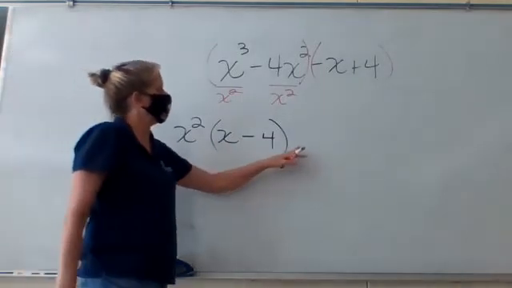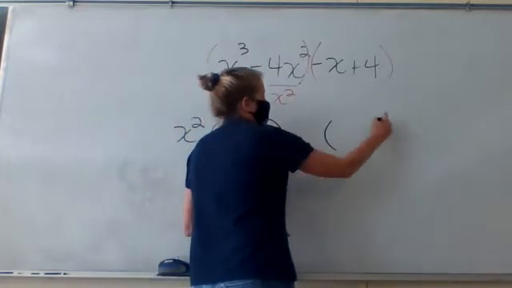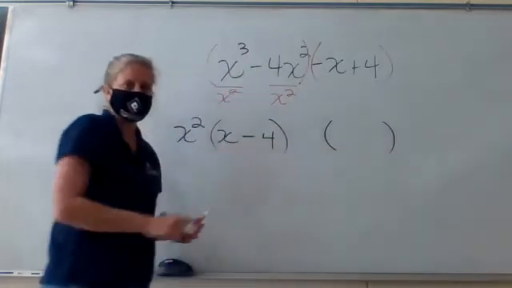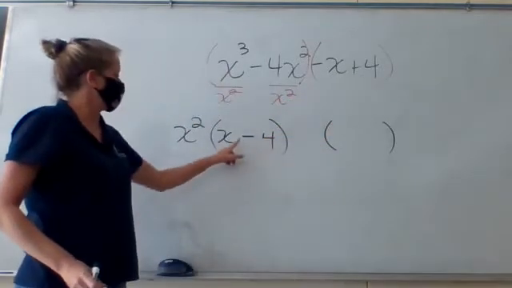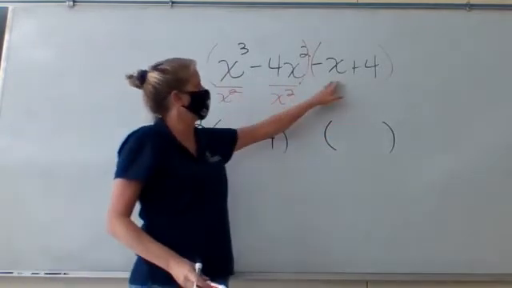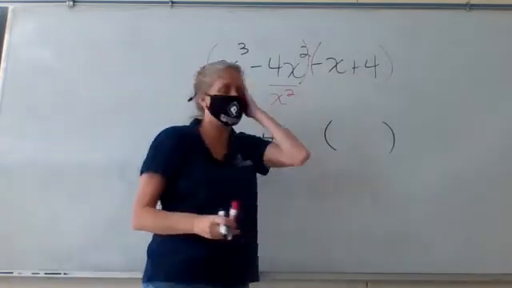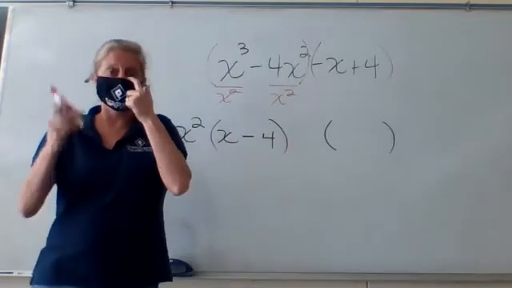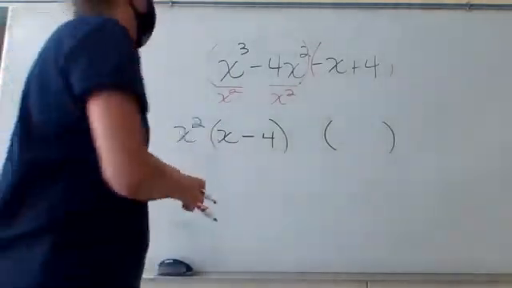Now, remember when we're factoring by grouping, you want your second parentheses to match your first. It almost does already, right? X minus 4, but this one says negative x plus 4. And also, when I'm looking at this second group, I don't even see anything in common to pull out. So then I have to decide, I have to pull something out because that's part of grouping.